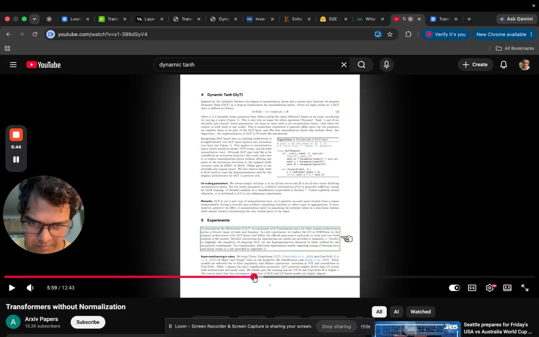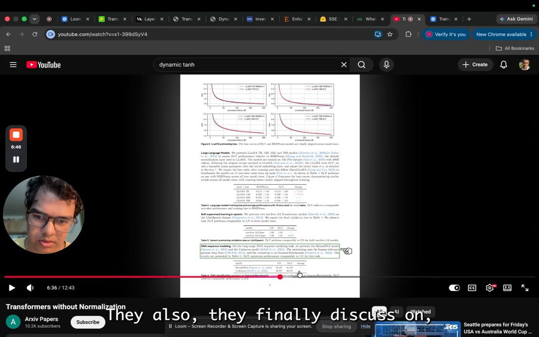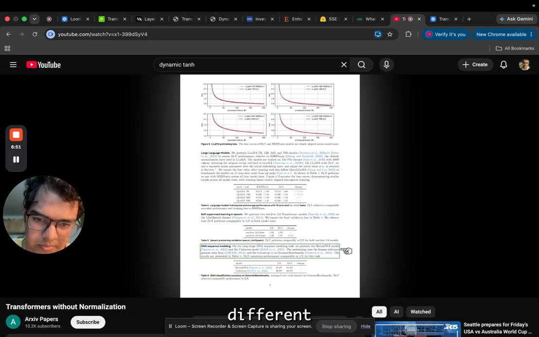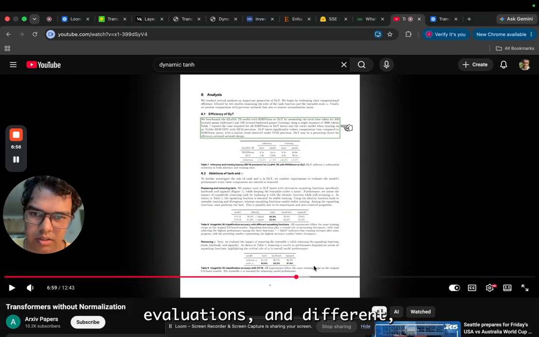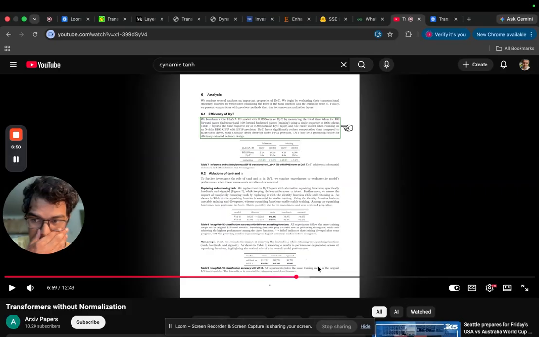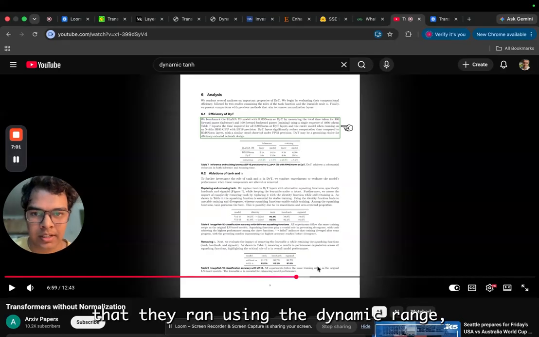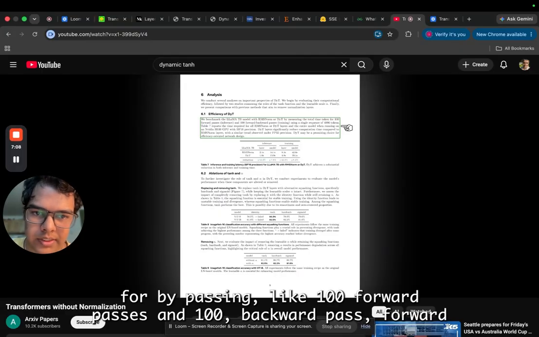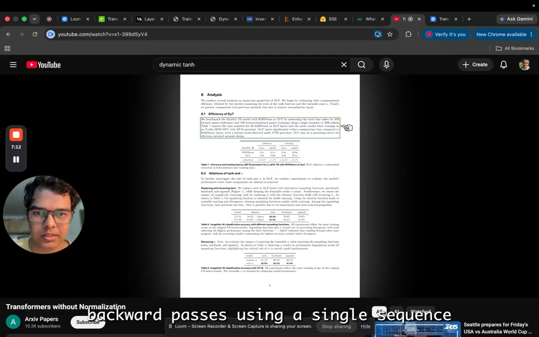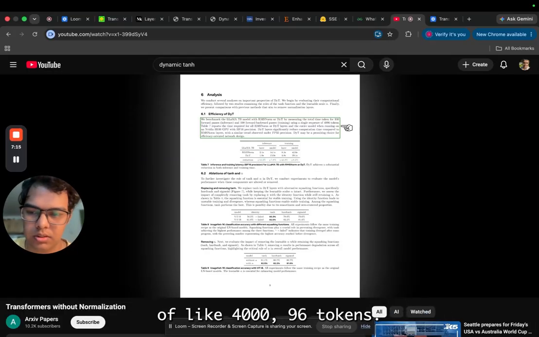Finally, they discuss different evaluations and experiments that they ran using the dynamic tanh normalization layer, passing 100 forward passes and 100 backward passes using a single sequence of 4096 tokens.